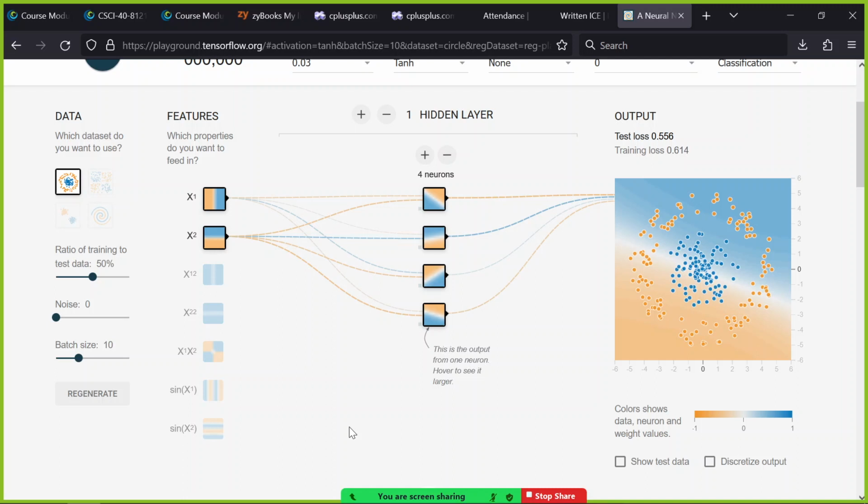You give it some inputs, whatever they are. You give it some training data, like the orange and blue dots, and it learns where the orange dots were and where the blue dots were.